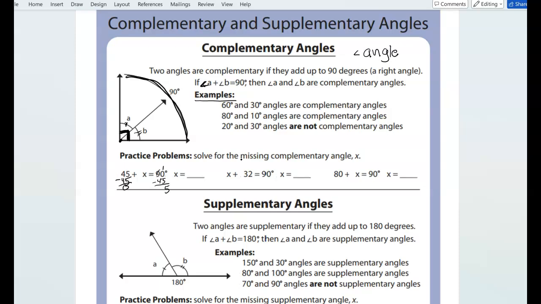And I hope you don't have to pull out your calculator to do this. So x equals 45 degrees. We solved for x there. We could check ourselves by saying 5 plus 5 is 10 and 4 plus 4 is 8, and we are indeed correct.